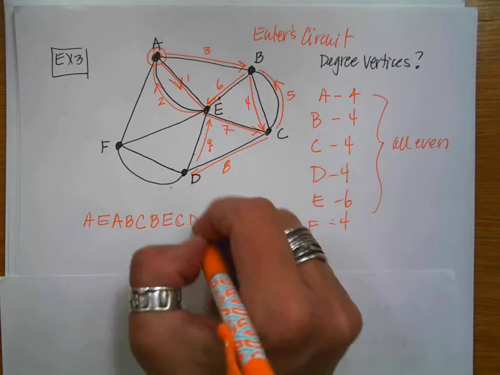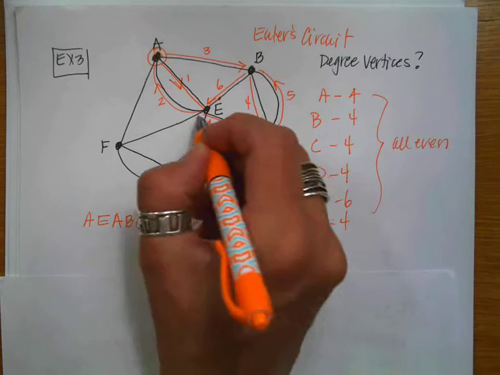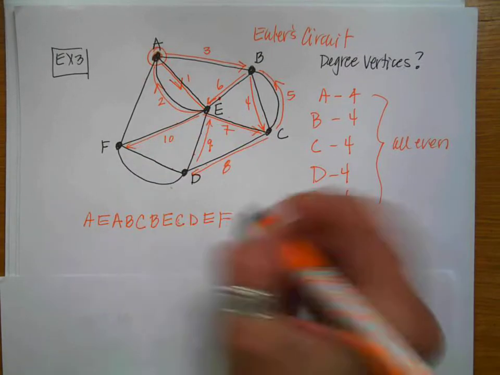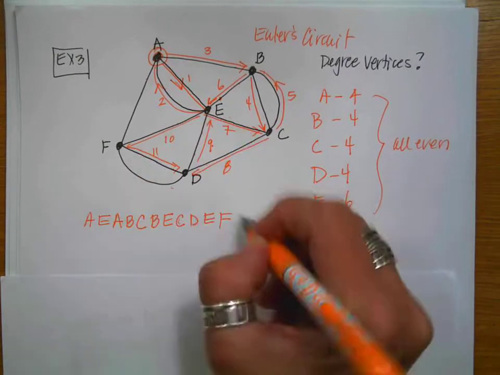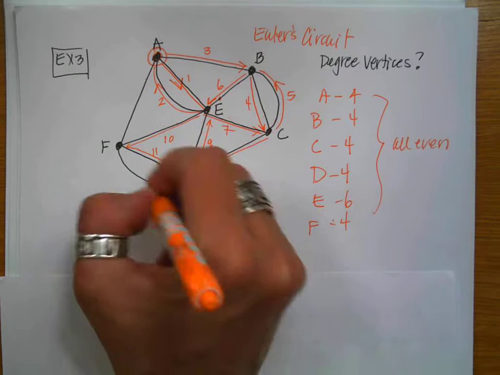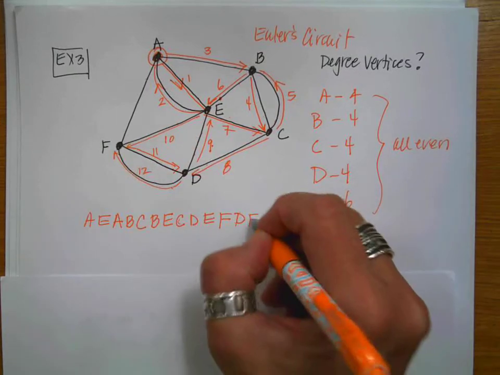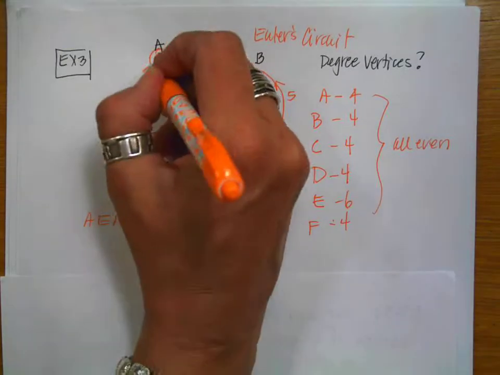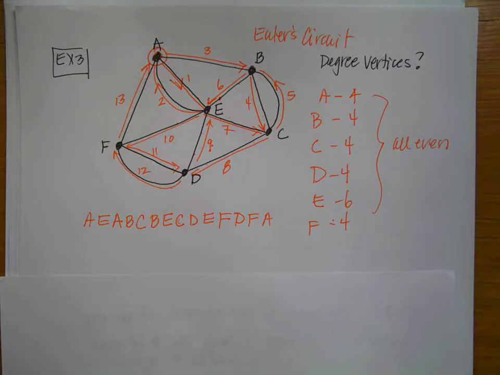I didn't write it down, though, so I went from C to D, and then I went to E. Now I'm going to go to F, so this is 10, and then I'm going to go to D. This is 11. And then I'm going to come back to F. This is 12. And then I'm going to go to A. And now I have completed the circuit, and it was 13 different edges.